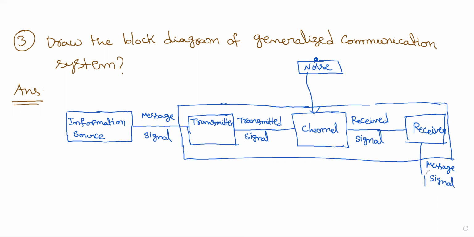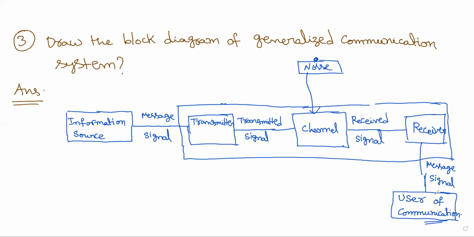And from here, we have another block. Here, it's us who will receive. That is the user of communication. So the user of communication will be here for us.